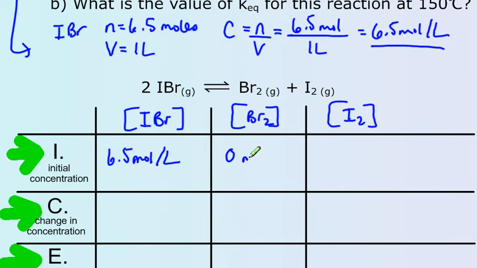We have 0 moles per liter of bromine when the reaction starts, and 0 moles per liter of iodine when the reaction starts. It's not always going to be the case that you have things that are 0. Sometimes you are given 3 starting concentrations for this type of problem. But in this case, we don't have any of those things to start with.